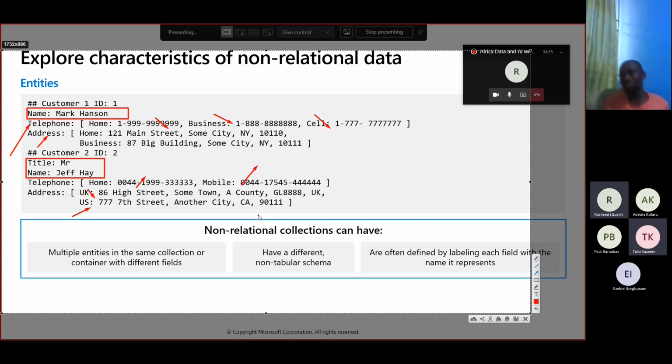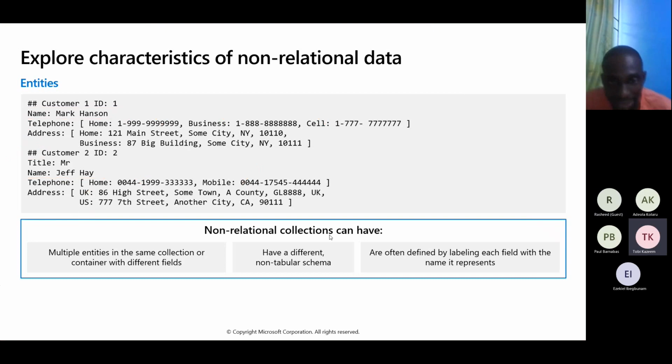When you are sitting for the exam, you can meet questions like that. These are non-relational data. They have a different, non-tabular schema, often defined by labeling each field with the name it represents. I hope this concept is understood now.